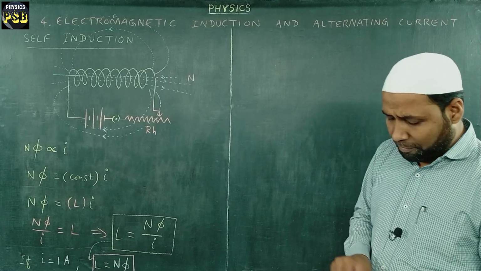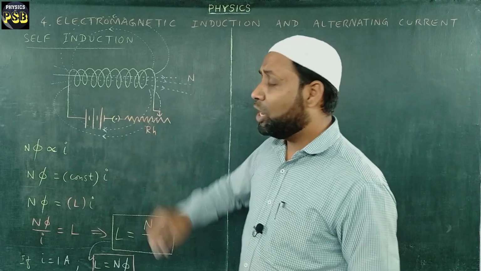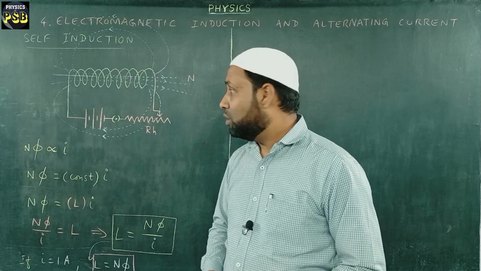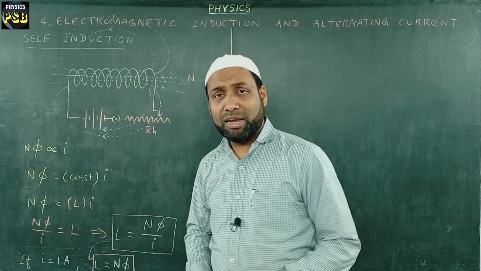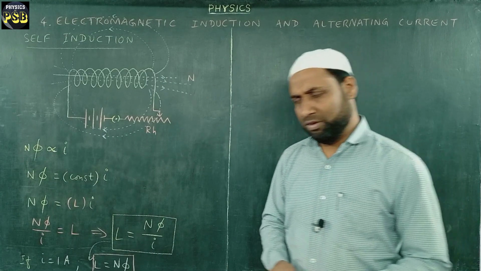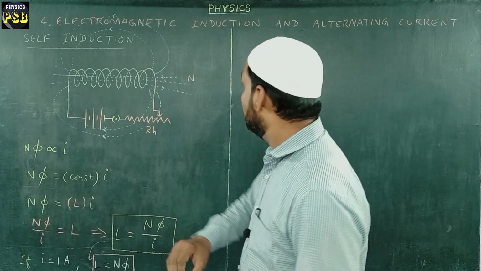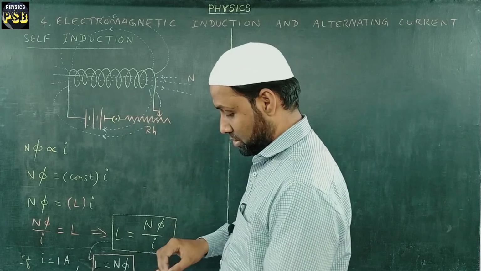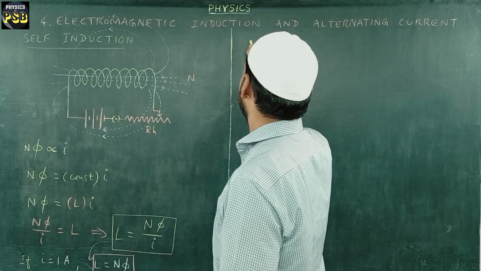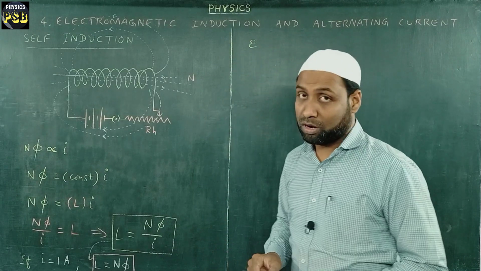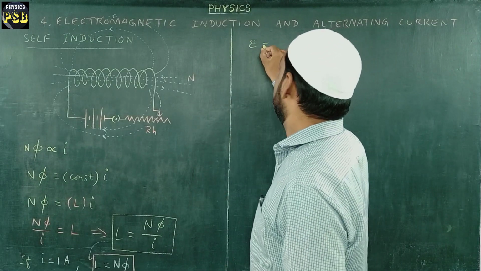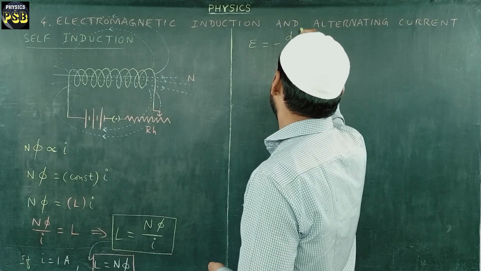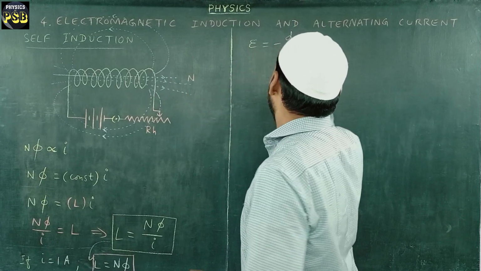Now we know very well, whenever there is a change in the magnetic flux linked with the coil, it induces an EMF. So the induced EMF in the coil is taken as epsilon, and it is found to be equal to minus the rate of change of magnetic flux linked with the coil.